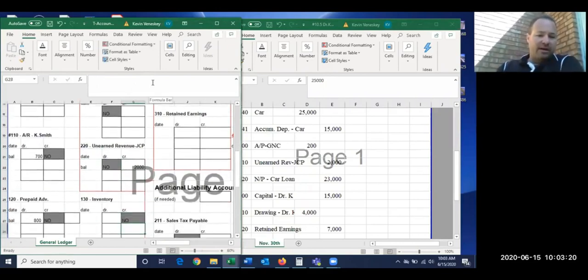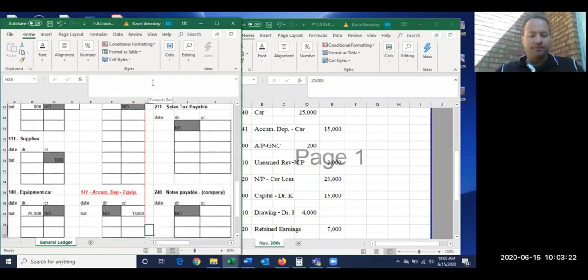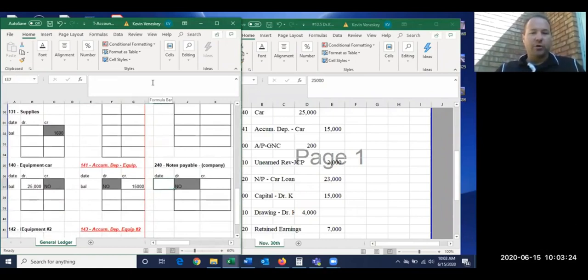And then we have an account we haven't used yet, a note payable. That simply means it's a long-term payable that I'm going to be paying off over many months, probably years. And that is at $23,000. That was to purchase the car.